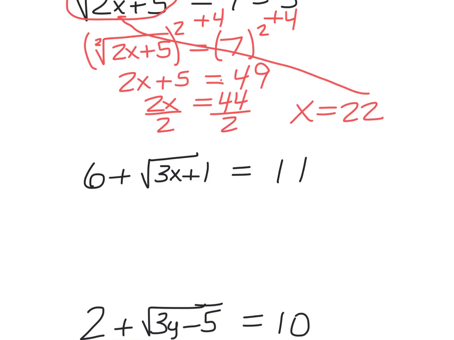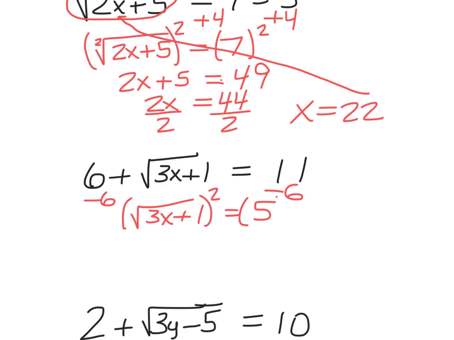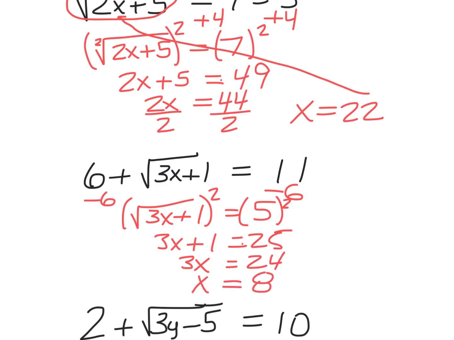Next example here, I'm going to isolate the radical by subtracting 6 from both sides. So I get this radical all by itself. I'm going to undo the square root by squaring both sides. And then I'm going to subtract the 1, divide by 3, and get x to be 8.